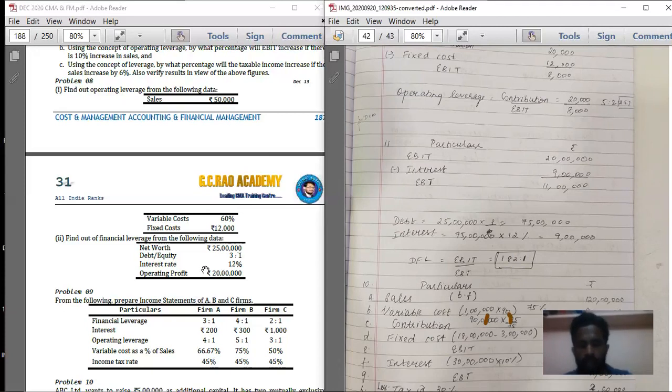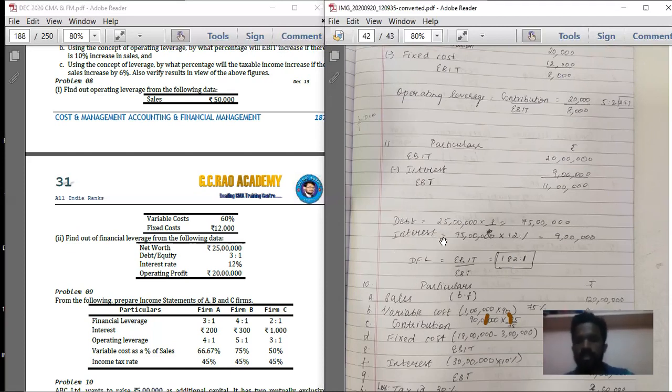I just assumed net worth as capital employed. Sorry, net worth is different from capital employed. Capital employed is the summation of debt plus equity, whereas net worth is only equity. So 1 is 25 lakhs. Then what is 3? So debt is equal to 25 lakhs into 3, which is 75 lakhs. So total debt is 75 lakhs.